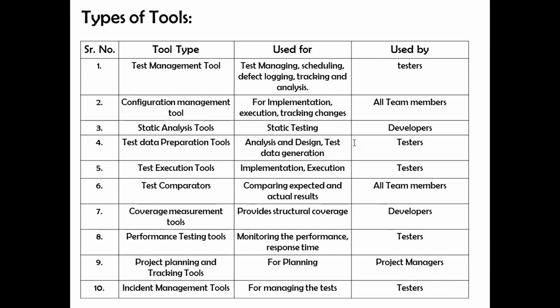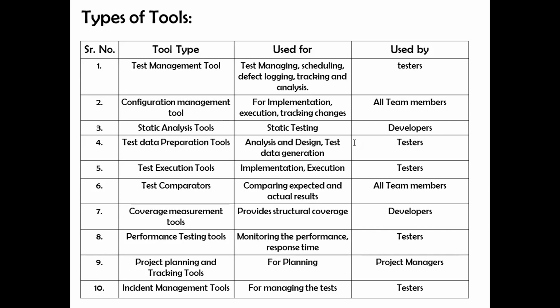Third one is the static analysis tool. Basically it is used for static testing and developers can use this tool. Fourth one is test data preparation tools. It is used for analysis and design, test data generation. Testers will use this tool.